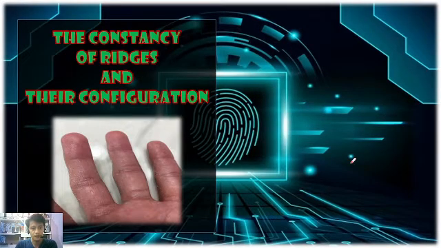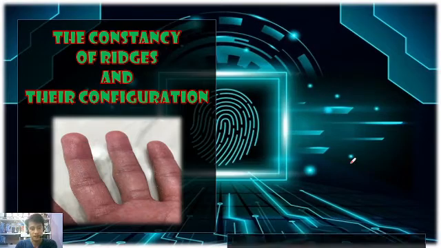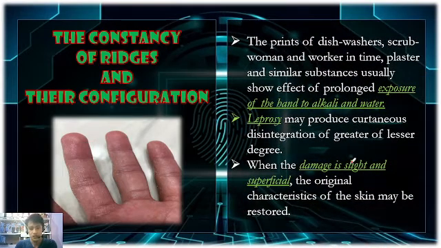And then we have here, still on the constancy of ridges and their configuration, some who say that fingerprints could be deformed. What are the factors? We have here the example of those who work as dishwashers, scrub women, and workers in lime, plasters, and similar substances, usually the effect of prolonged exposure of the hand to alkali and water.